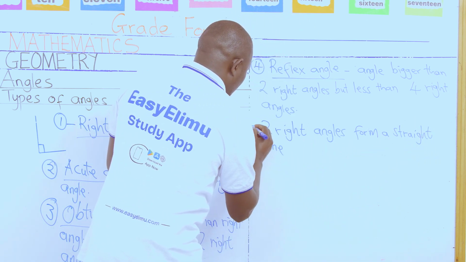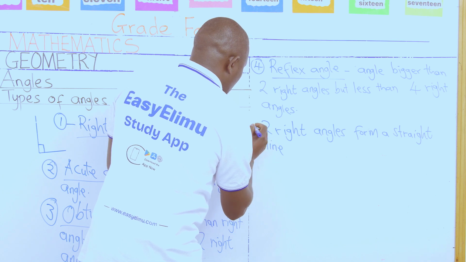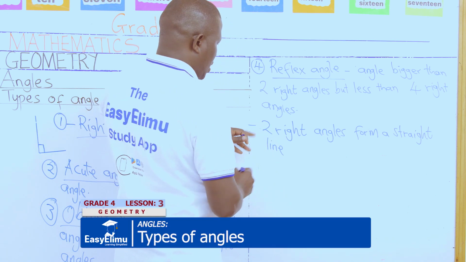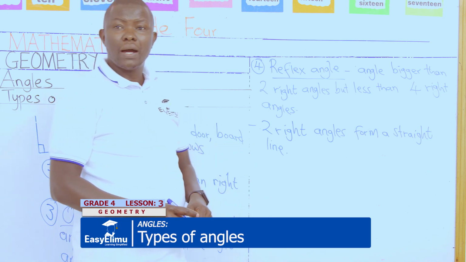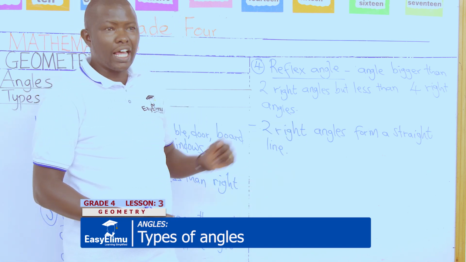That is very key for you to observe. 2 right angles make up a straight line. 2 right angles add up to a straight line.